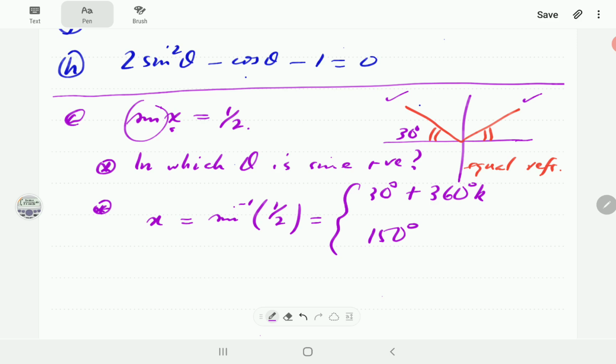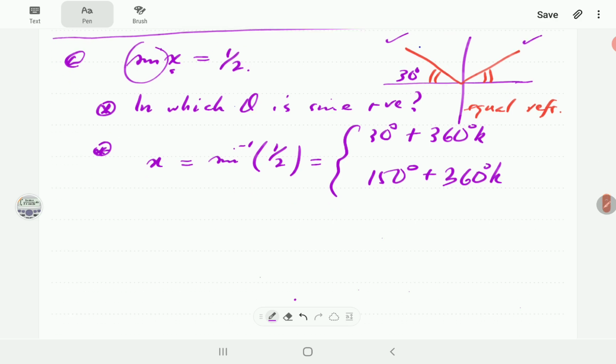If k is 2, it is 30 plus 360 times 2. Same thing here. We're going to have 150 plus 360k. And then, of course, we specify that k is an integer. This is now the general solution, and it's complete.